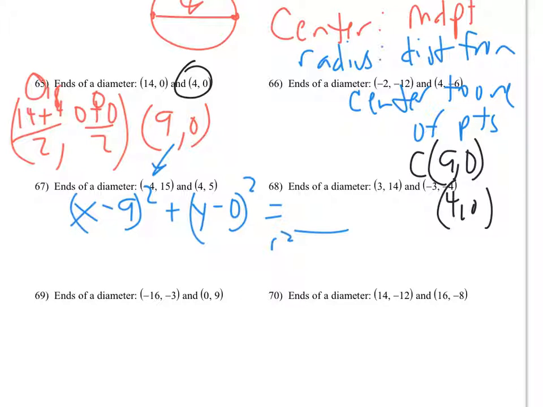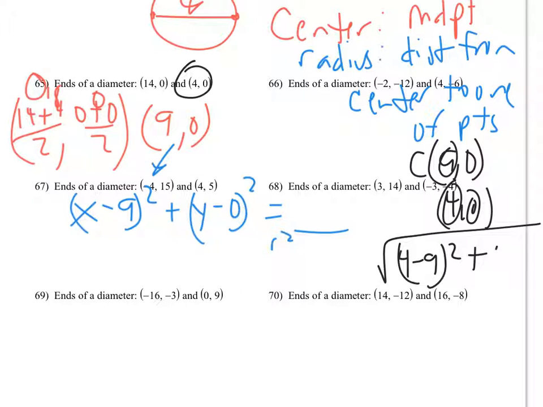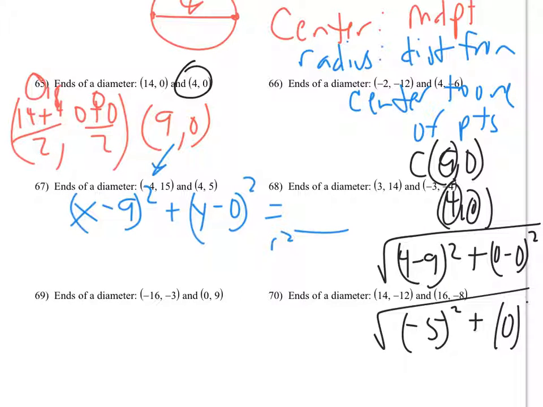So if I do the distance formula, it's the square root of 4 minus 9 squared, x2 minus x1 squared, plus 0 minus 0 squared. So this is the square root of negative 5 squared plus 0 squared, which is the square root of 25 plus 0.